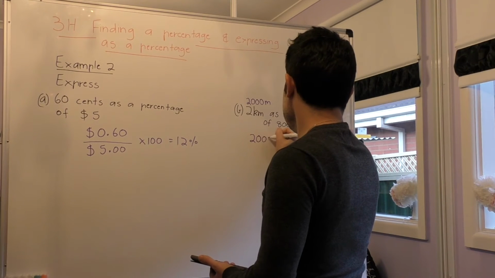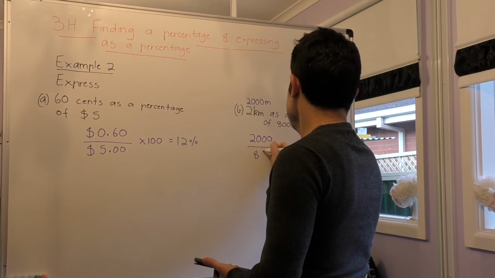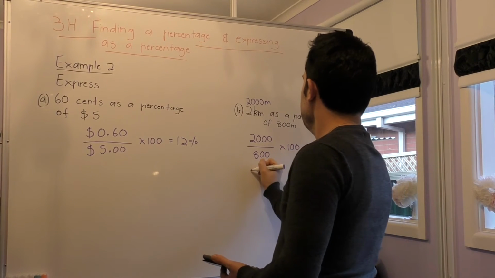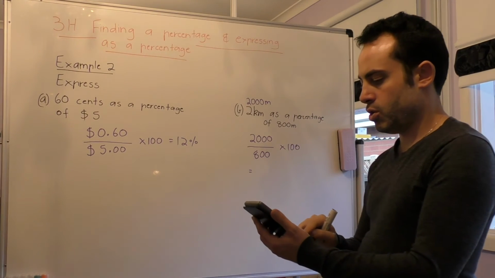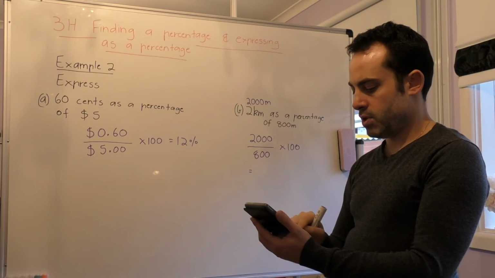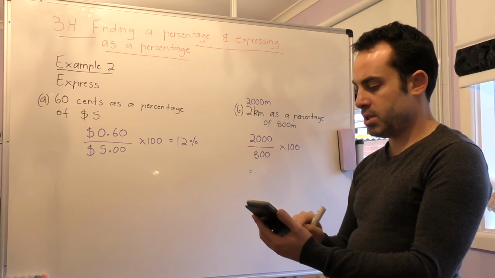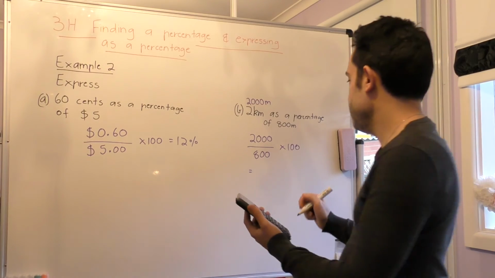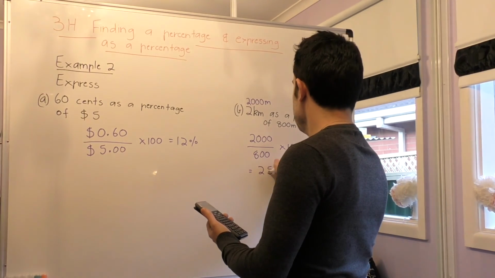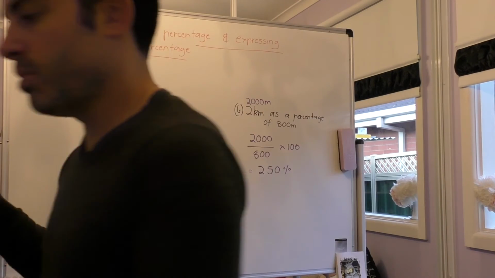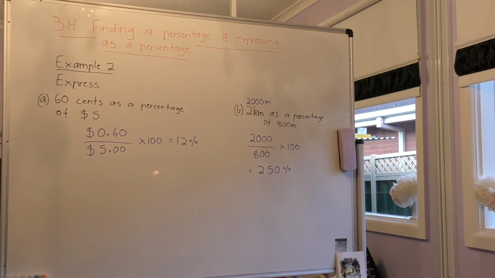Divide that by 800, times that by 100. So we're going to go 2000 divided by 800 times 100, and we're going to get 250. So that's going to be 250%. I would like you to copy that down into your rules book. Now we're going to be moving on to the next example.